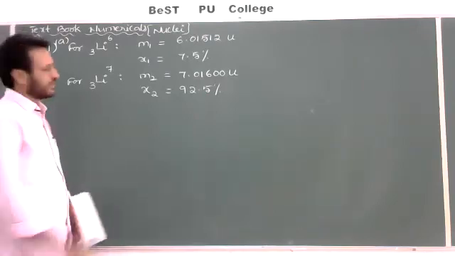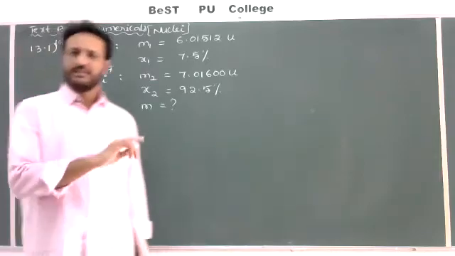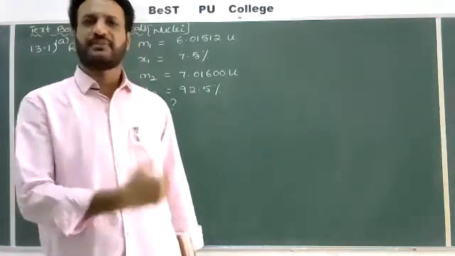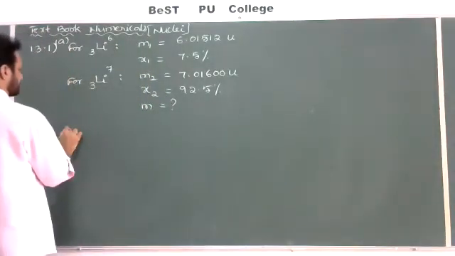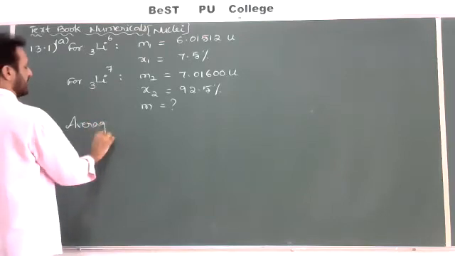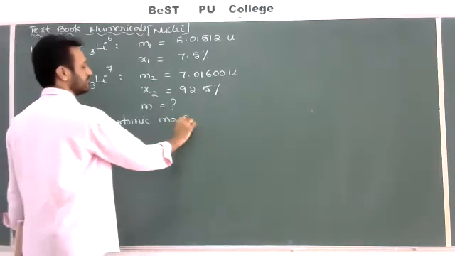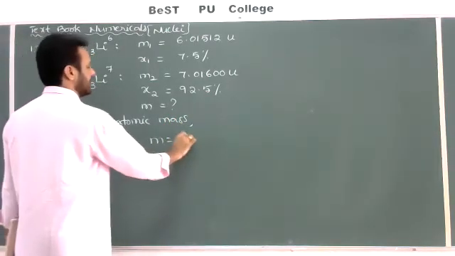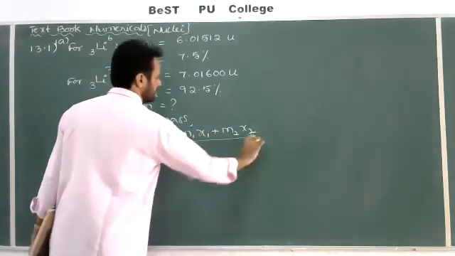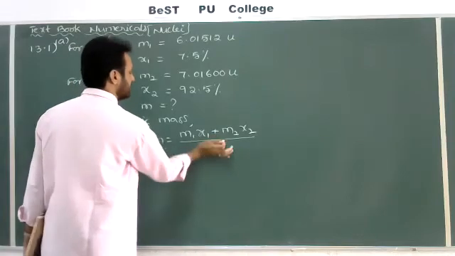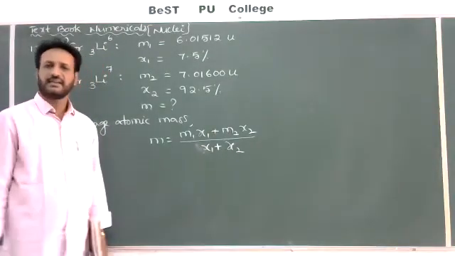What are they asking? What is the average atomic mass of lithium? M you should calculate. M1 given, x1 given, M2 given, x2 given. Already I have given the formula for average atomic mass. M is equal to M1 x1 plus M2 x2 divided by x1 plus x2. But always the denominator must be 100%.